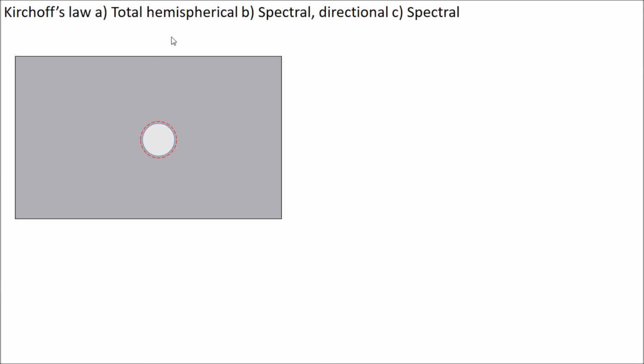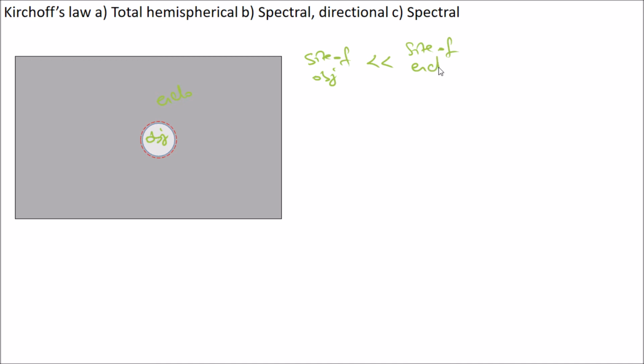Now I'm writing Kirchhoff's law for the total hemispherical case. Say that I have an object inside an enclosure, and the size of the object is much smaller than the size of the enclosure.